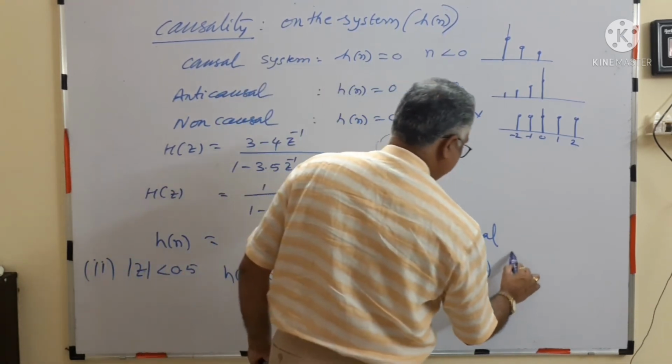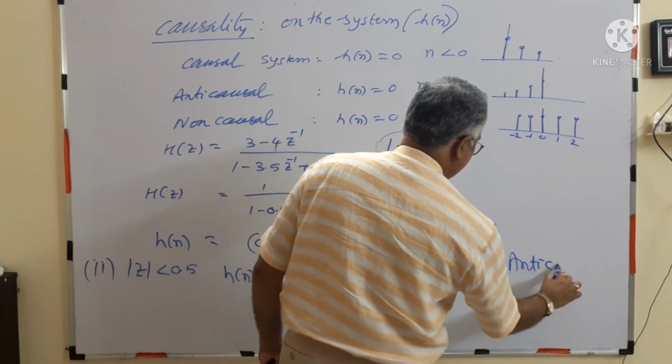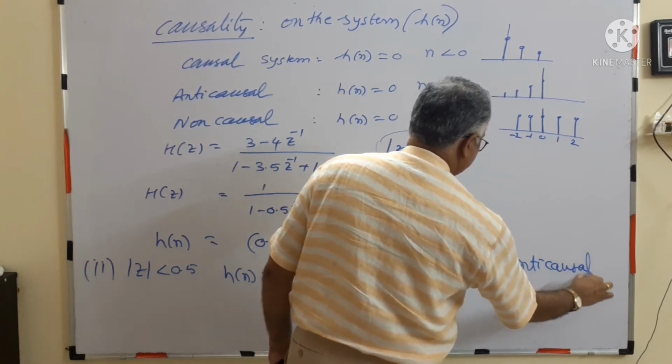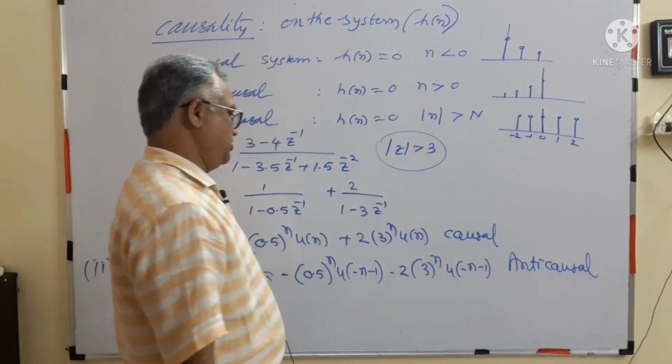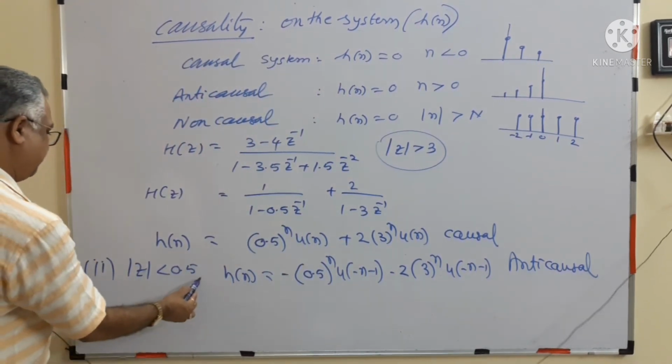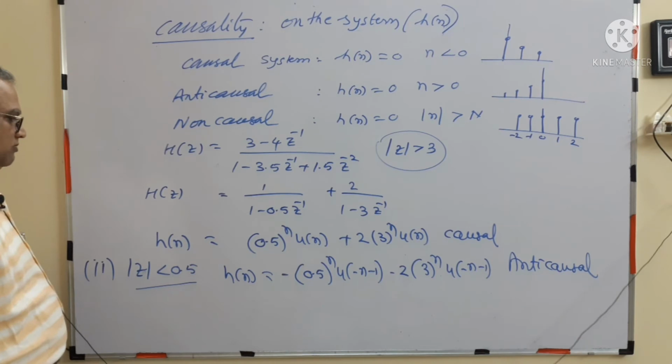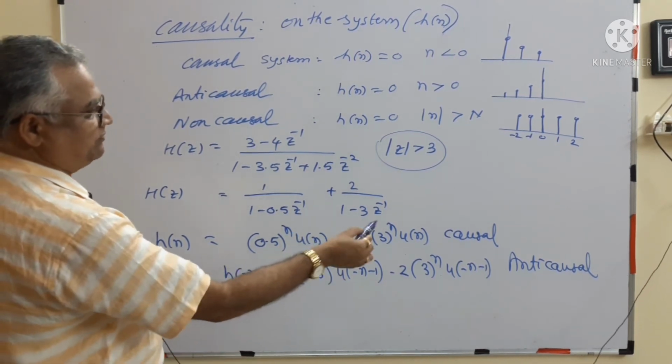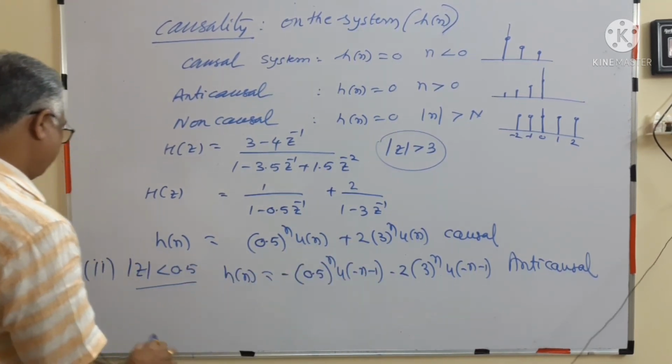So this is definitely anti-causal. Anti-causal straight away because ROC is less than 0.5. Left side sequence means anti-causal.